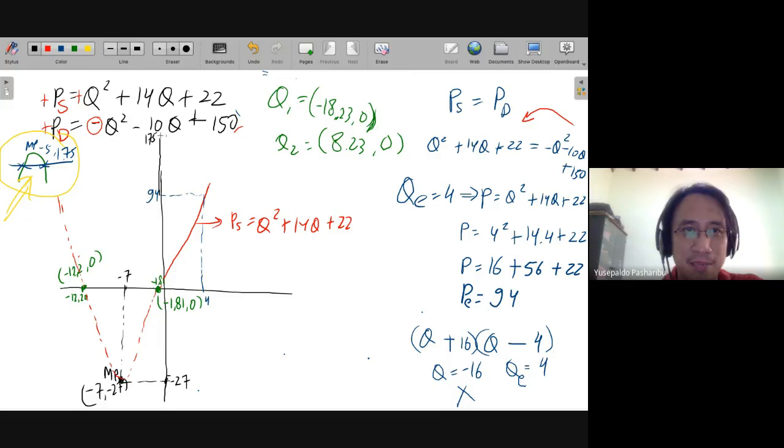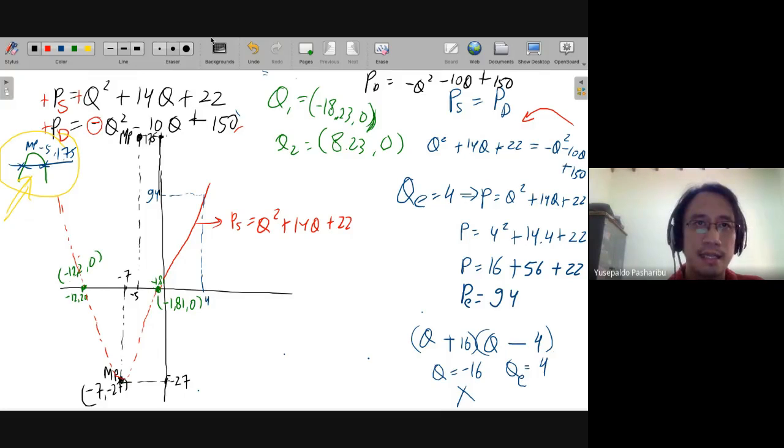Maybe just pretend that this is 175 and negative 5. Negative 5 is before negative 7, around here. So this is the maximum point of the second function. I will keep the second function, minus Q squared minus 10Q plus 150, and erase the rest.